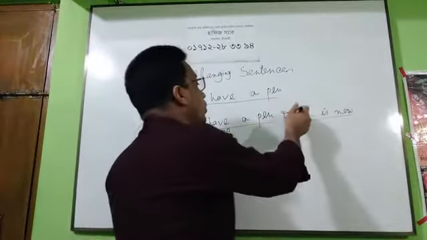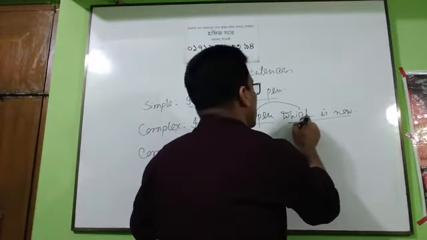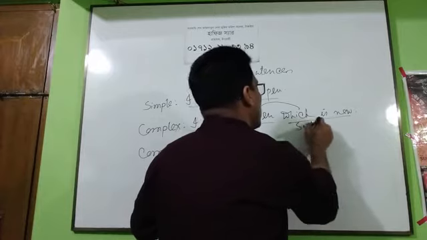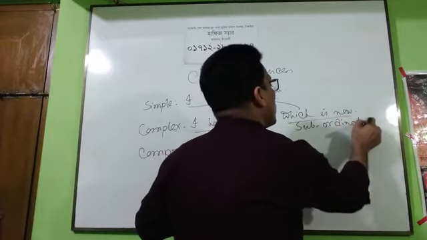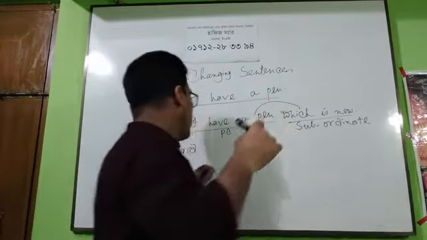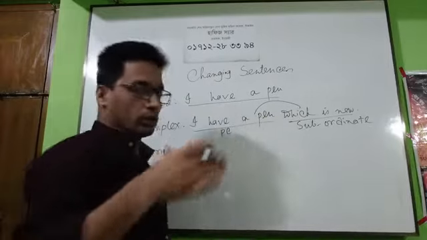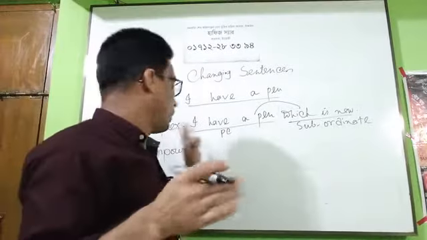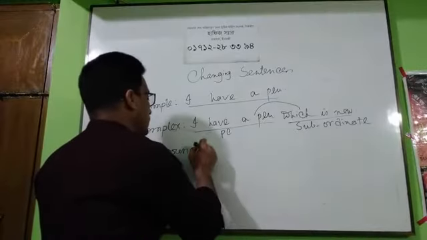So it's dependent on principal clause to express meaning, and that's why it is called subordinate clause. Okay, dear students, one principal clause and one subordinate clause make a complex sentence. Okay, and then compound sentence.